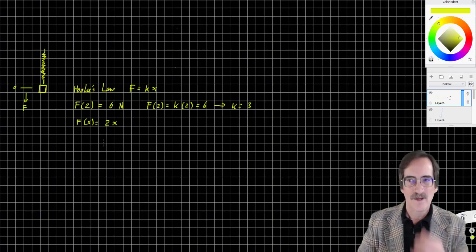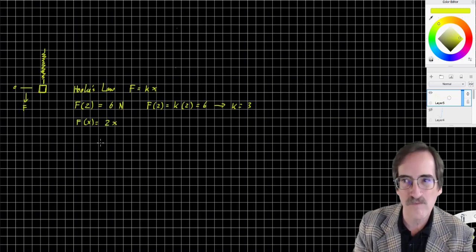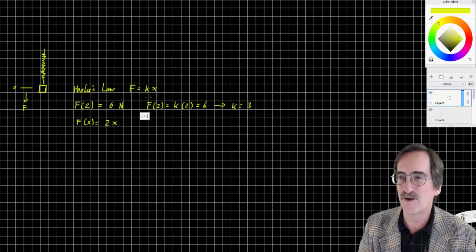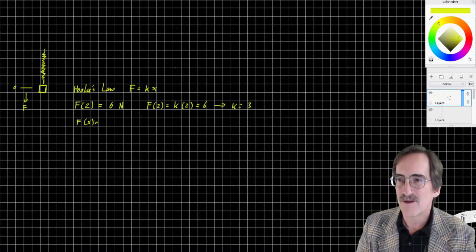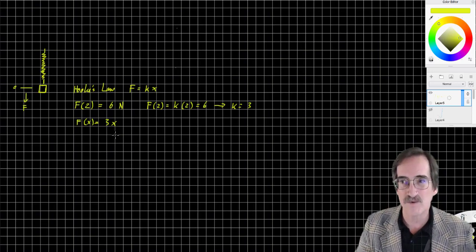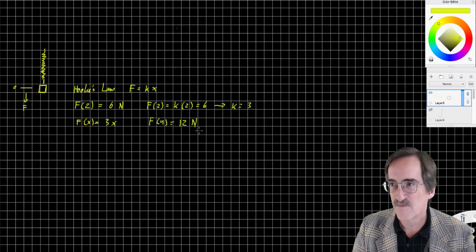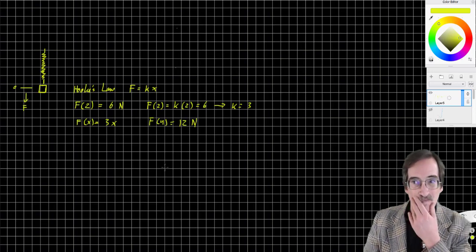Okay, and so if I want to displace the spring 4 meters, then there I go with 3x. If I want to displace it 4 meters, 4 times 3 is 12 newtons, right? So F of 4 is 12 newtons of force.